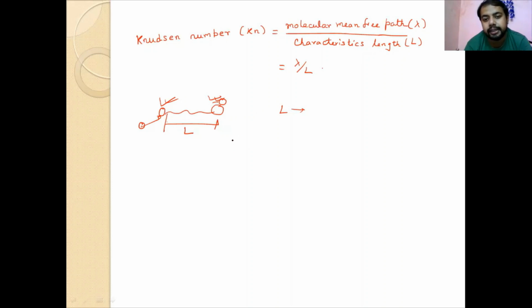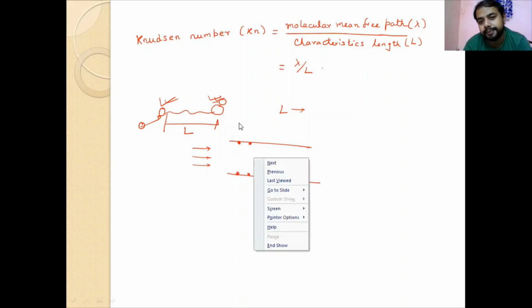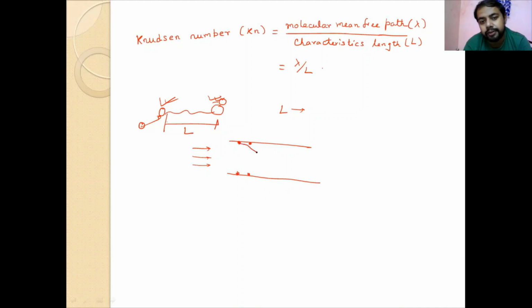Next, consider a pipe flow, with fluid flowing inside a pipe. The molecules nearby the pipe wall have velocity tending to 0. That is the no-slip boundary condition. The molecules at the center of the pipe have the maximum velocity. So if you draw the velocity distribution, it will be like this.